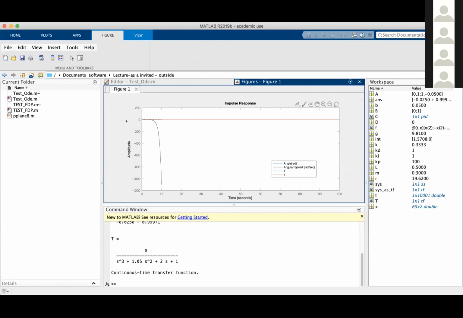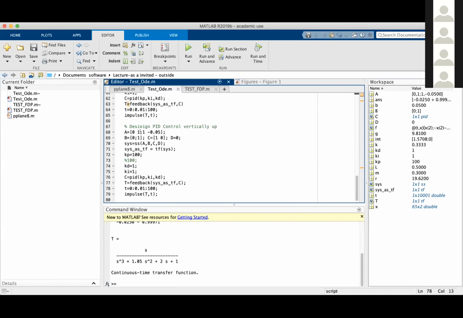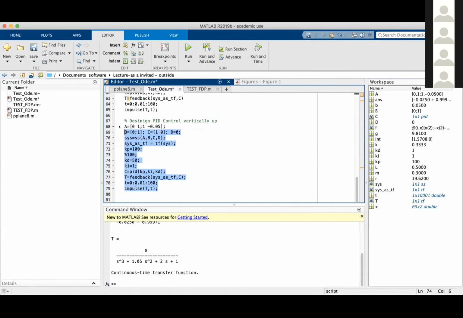It is going, but let me do some correction here again. If I increase also some value of 30, still the system is controlled.